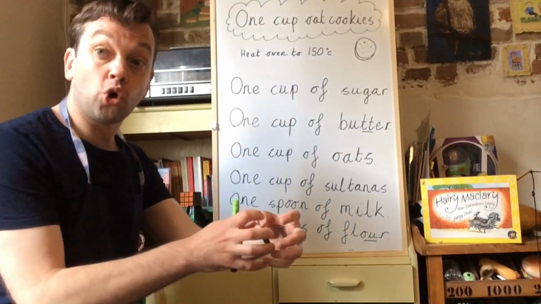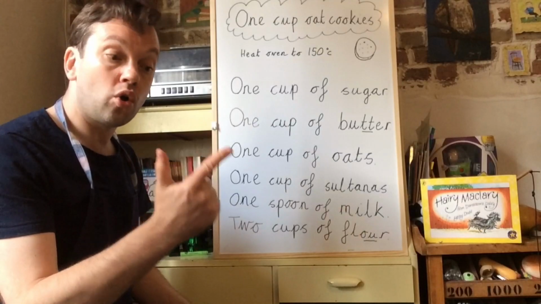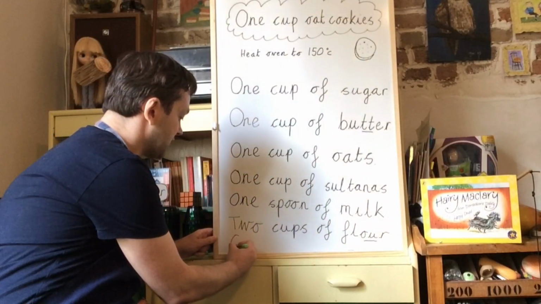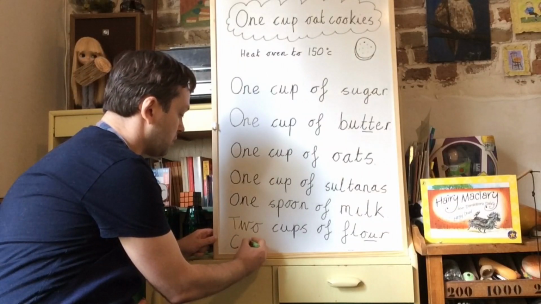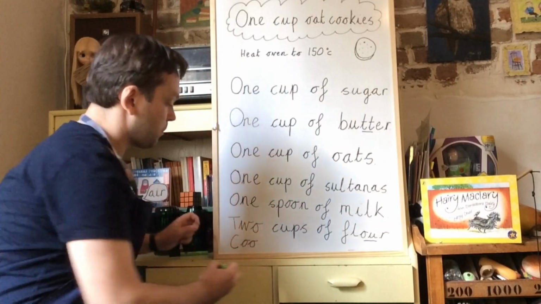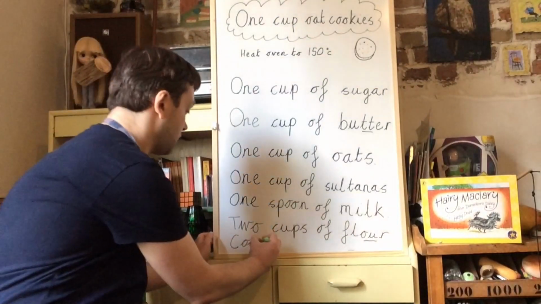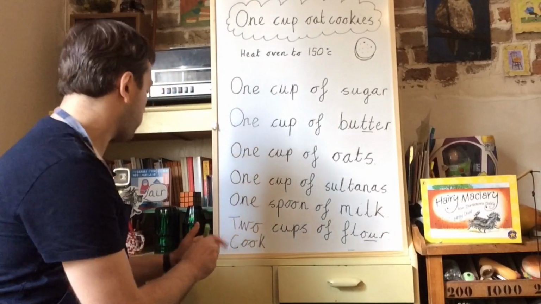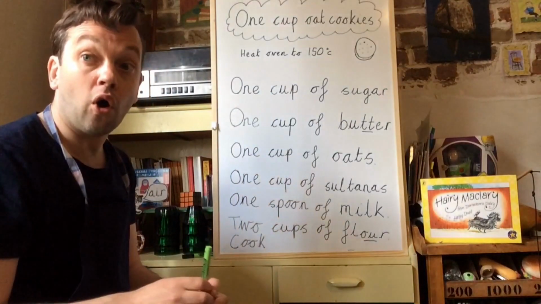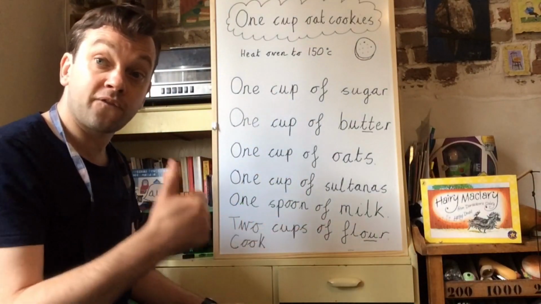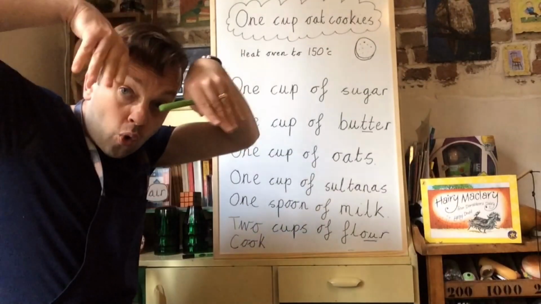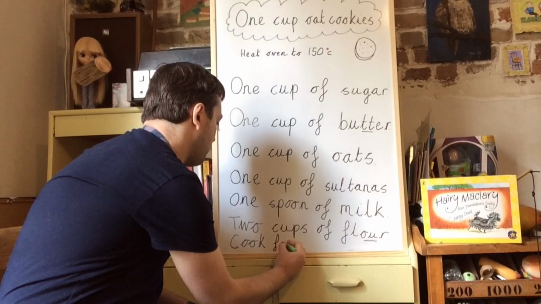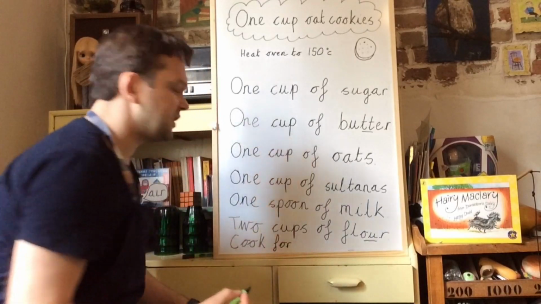So cook, spelled like this. Capital C, new sentence, and k. The end of the word is the letter K. Cook for 25 minutes.